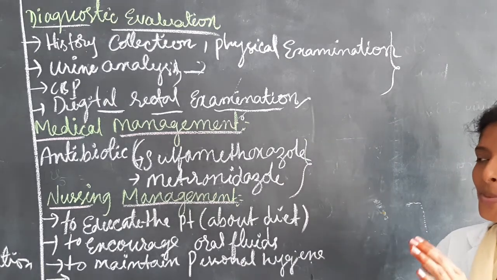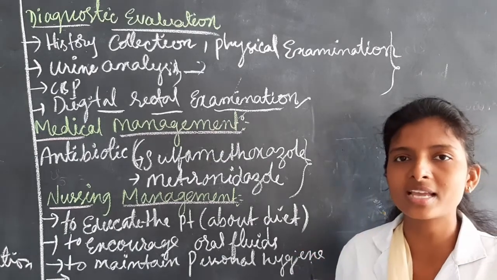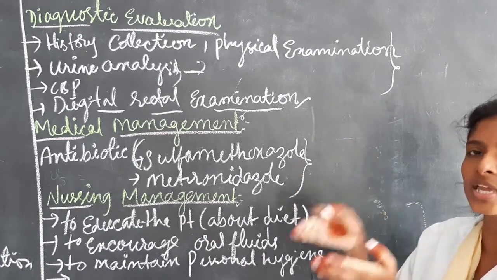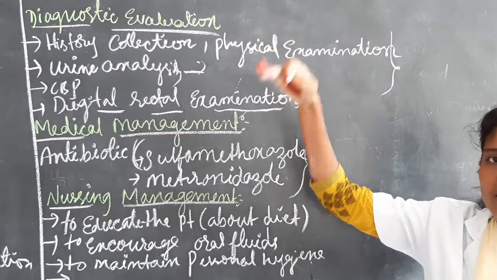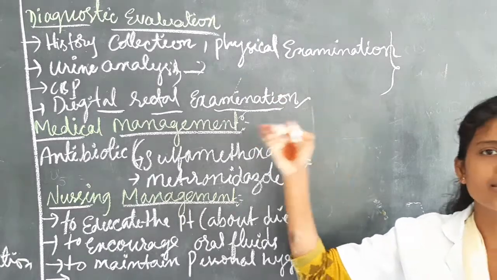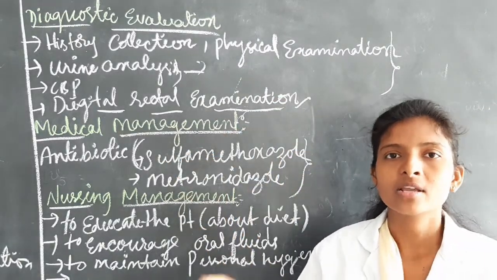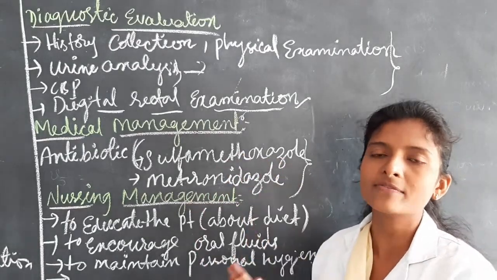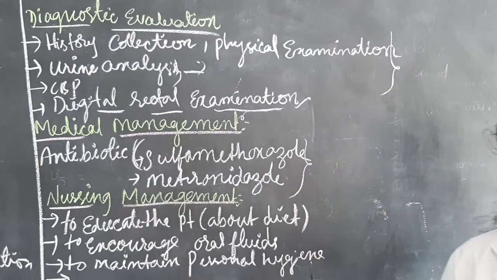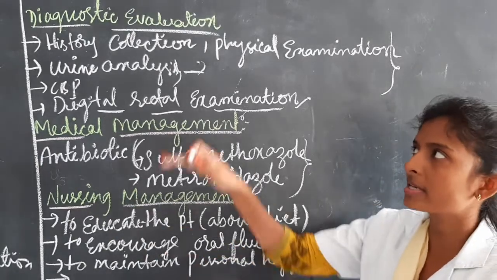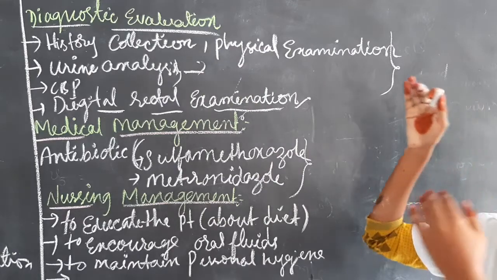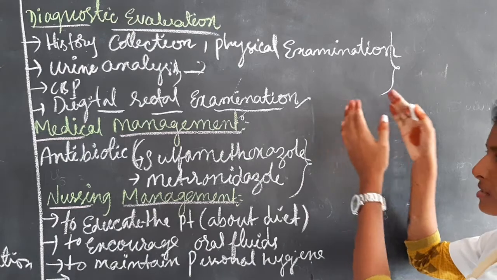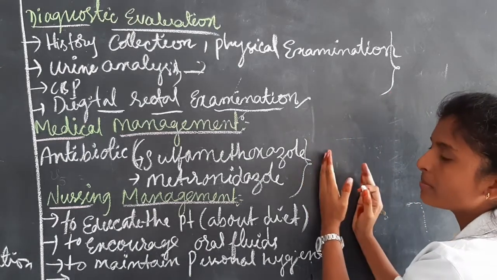After the causes, we have seen pathophysiology, how it enters the patient, step by step in a flow chart. Next, we have seen clinical manifestations, which are present after urethritis occurs. By seeing the clinical manifestations, in diagnostic evaluation we saw which type of investigations the doctor will advise, and by seeing those results, which type of treatment he will give.